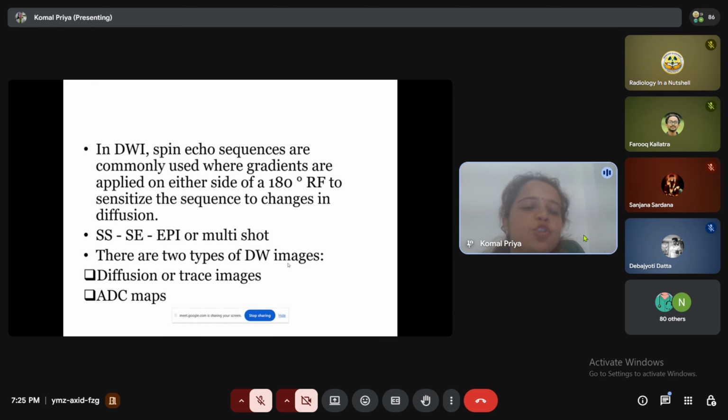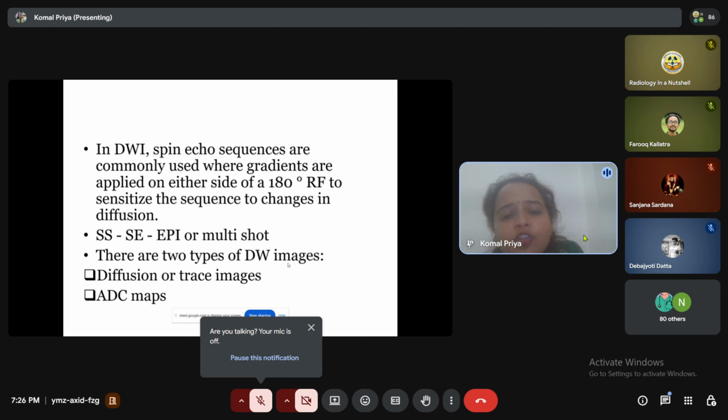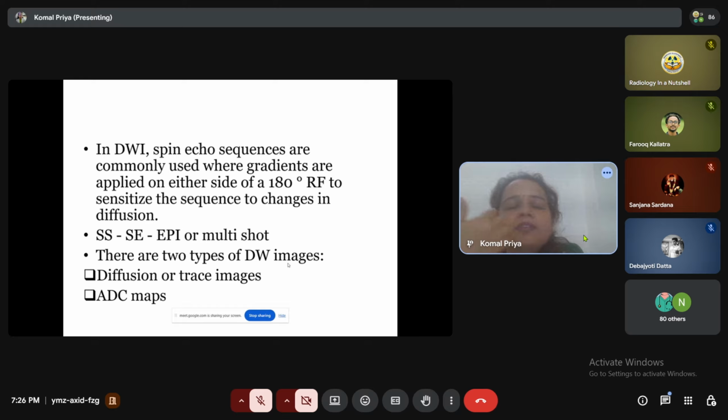SS is single shot, so single shot spin echo. EPI is echoplanar imaging. It can be single shot or multi-shot. This is an imaging sequence where acquiring the image is faster compared to the conventional spin echo sequence, and we also apply EPI, which itself makes it ultra fast.